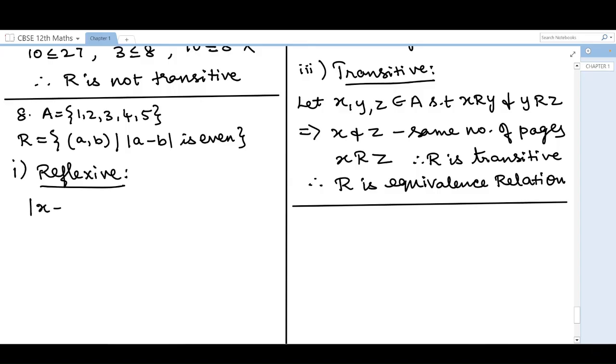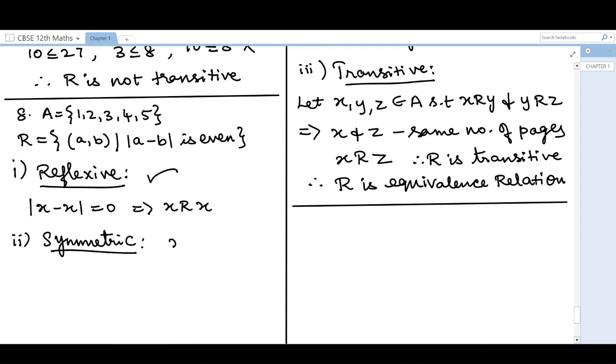Absolute value of x minus x equal to 0 is an even number. So this implies x is related to x. Therefore, the relation R is reflexive. And second one, symmetric. If you consider two elements such that x is related to y, which implies the absolute value of the difference between x and y is an even number.